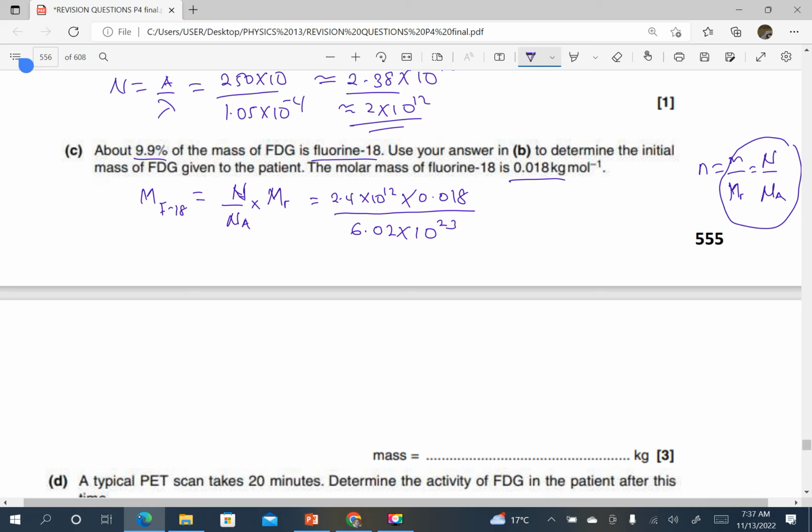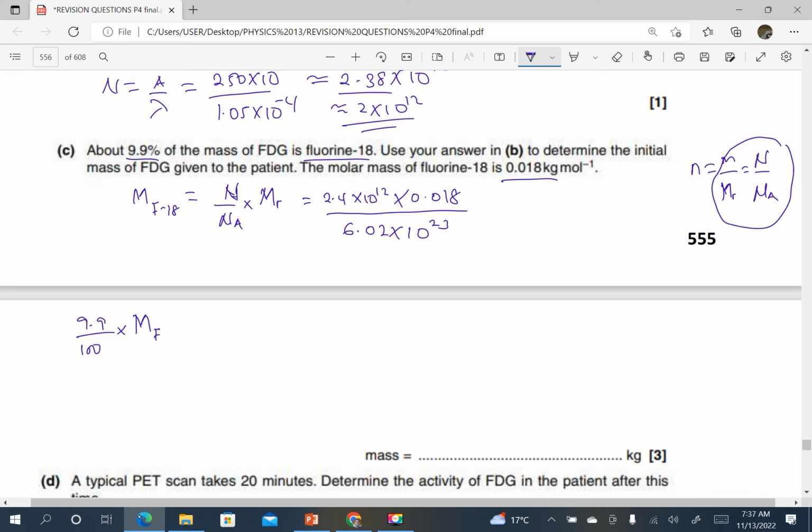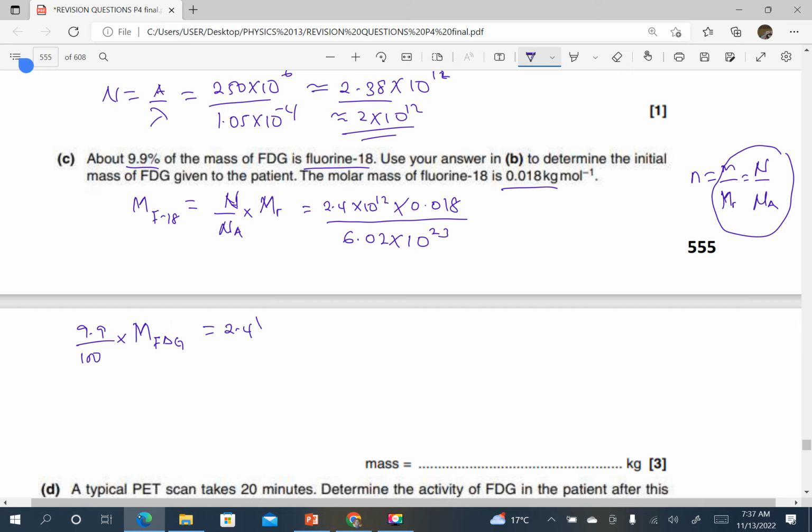So we shall simply say that 9.9 divided by 100 of the mass of FDG should be equal to this value here, 2.4 times 10 power 12 times 0.018 divided by 6.02 times 10 power 23. So in other words, I just divide by 0.99.